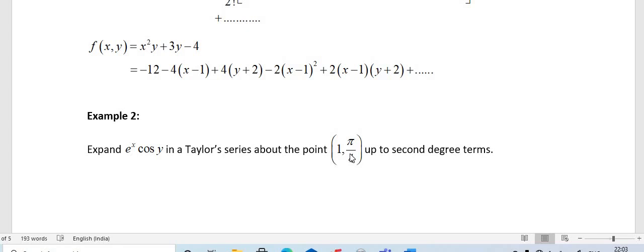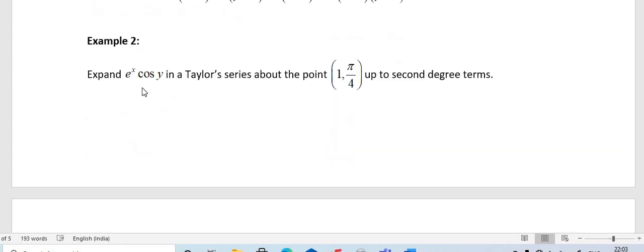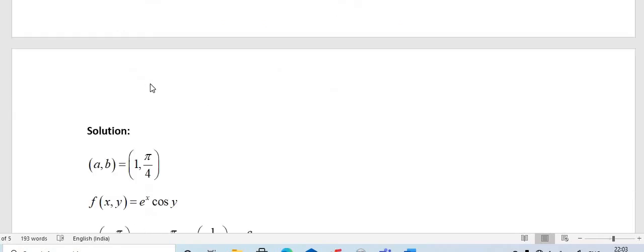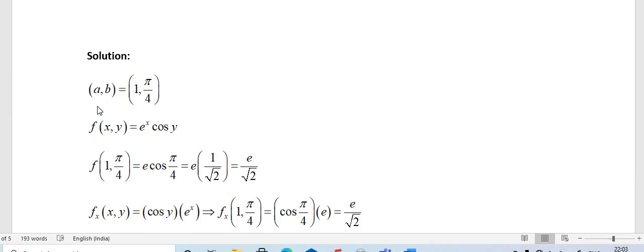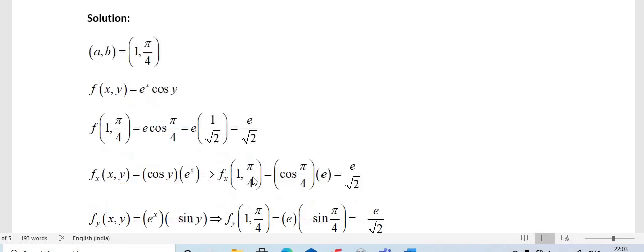So, a value 1, b value pi by 4. This is the function f of x comma y, that is e power x into cos y. First of all we want to find out f of a comma b. Here substitute e power 1 cos pi by 4, but we know that cos pi by 4 is 1 by root 2. So, e by root 2.